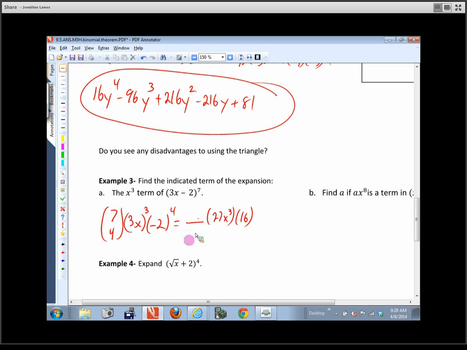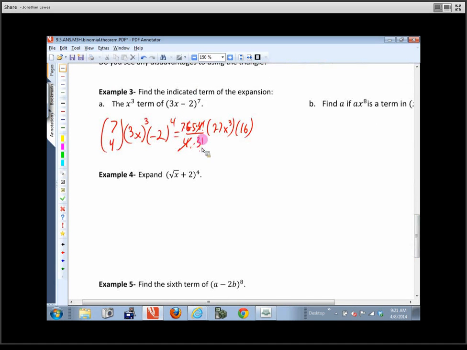We know there's a 3 and a 4 on the bottom factorial, so I do 7, 6, 5, 4 factorial over 4 factorial, 3 factorial. Cancel those off. 3 factorial, isn't that 3 times 2, which is 6? So here's what I've got. 35, 27x to the third, times 16.